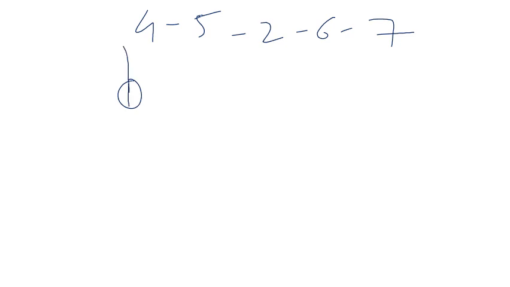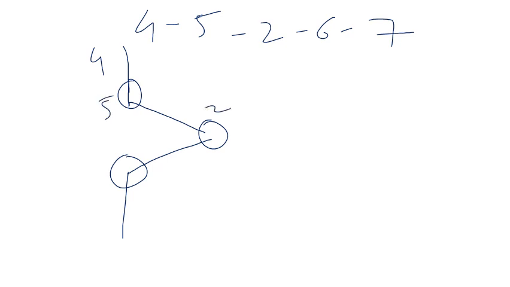Next we have to consider the failure along 4, 5, 2, 6, 7. If we draw this, it will become like this. This is 4, 5, 2, then 6, then 7. So again we have to find out the A net.